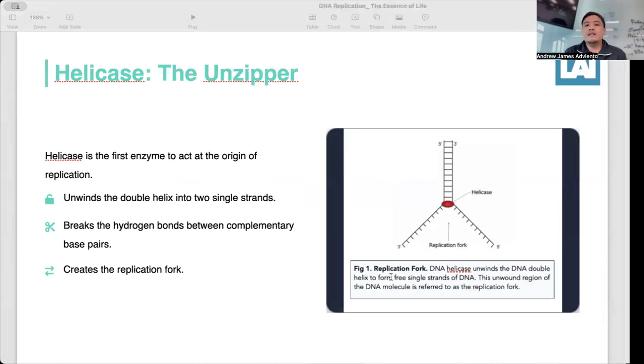We think of helicase as a molecular zipper or scissors. Its job is to move along the double helix and break those relatively weak hydrogen bonds. This unwinding creates the replication fork, exposing the bases so they can be read.